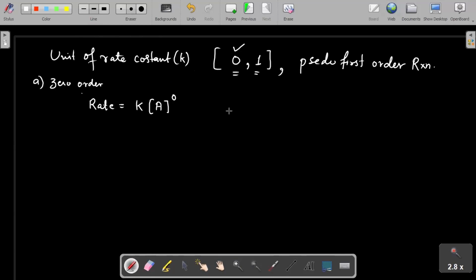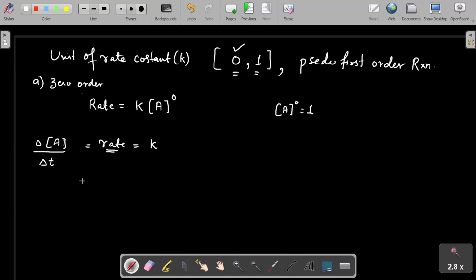Anything raised to the power 0 is equal to 1. So here the rate is equal to K. Now what is the rate? We know that it is the change in concentration with respect to time.